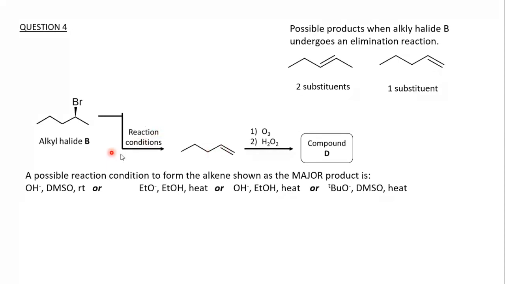So we need to know which reaction conditions are going to give us the Hoffman product, and these are the options that we have. All of these are bases. So it's hydroxide in DMSO, or ethoxide in ethanol, or hydroxide in ethanol, or tert-butoxide in DMSO. Which of these conditions is going to favor the formation of the Hoffman product, the least substituted alkene?